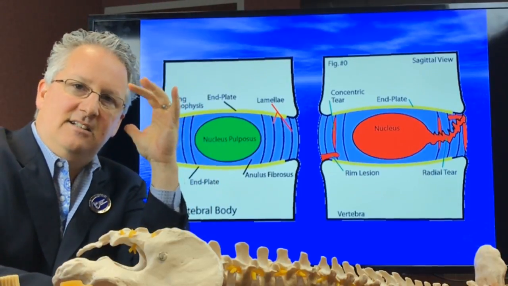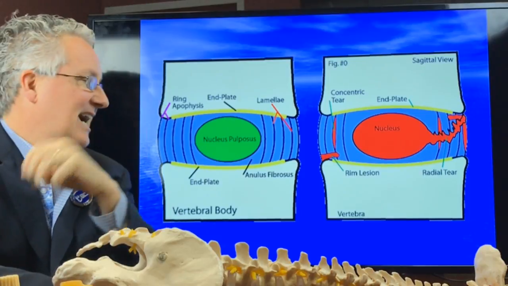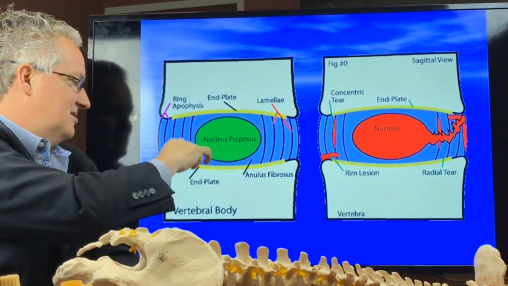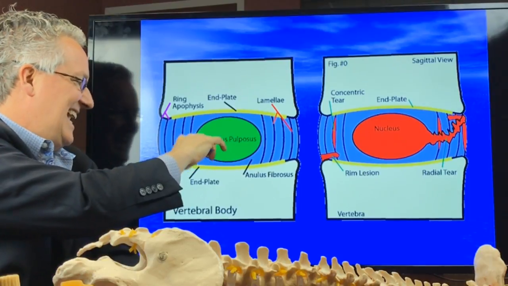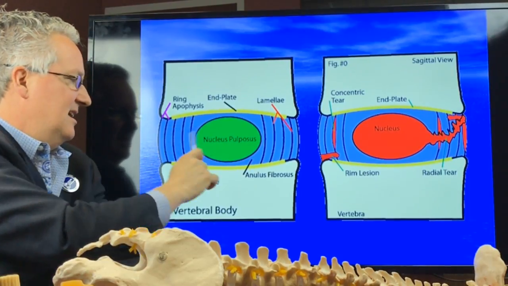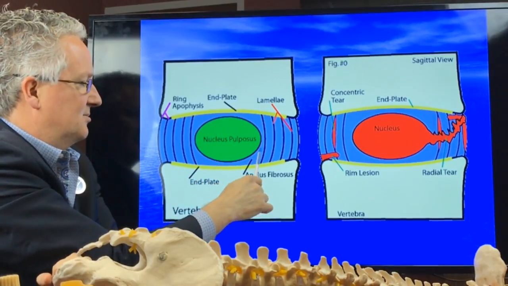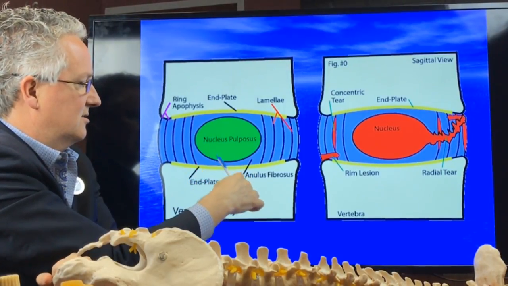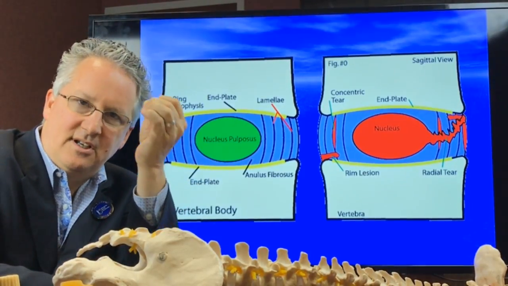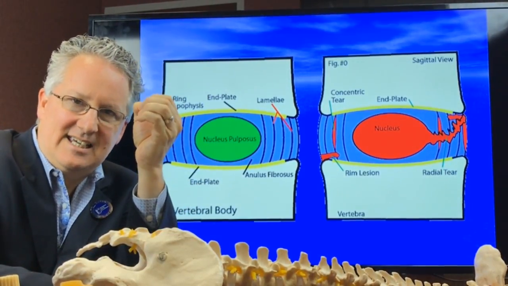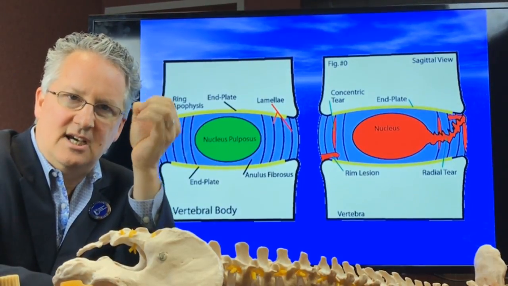Now, the disc is a lot like a jelly donut in the sense that on the outside of the disc there's a thick material called the annulus. Inside the disc there's a jelly-like substance called the nucleus. The nucleus gives stability to the disc the same way air gives stability to your tire.